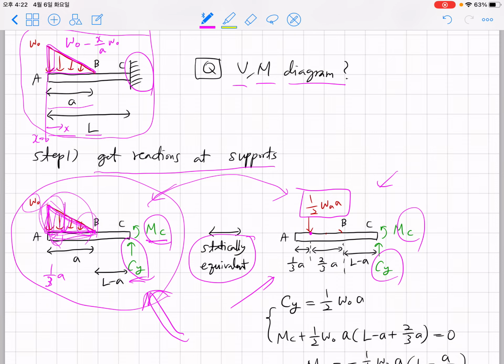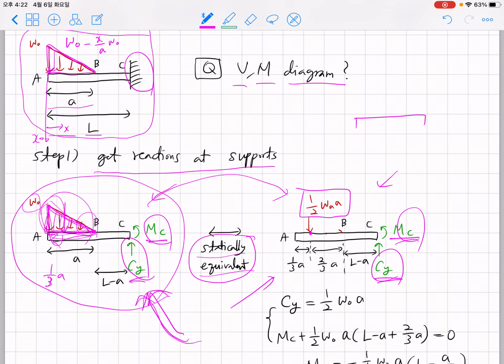However, when obtaining MC and CY, it's more convenient to use the statically equivalent problem. So please don't get confused. After obtaining MC and CY using the statically equivalent problem, you have to go back to the original problem and solve Vx, Mx for the original problem.